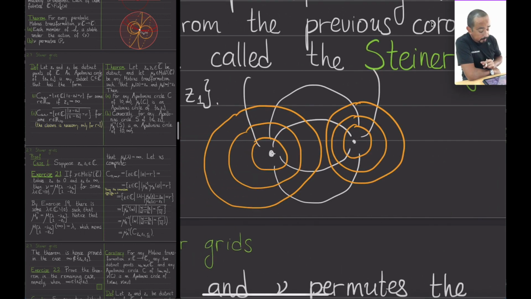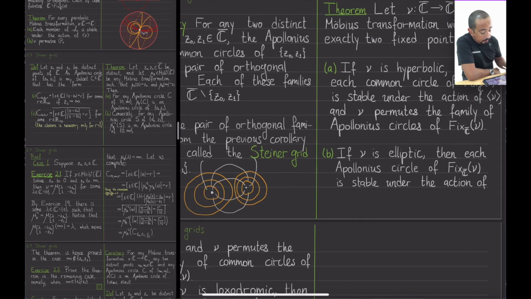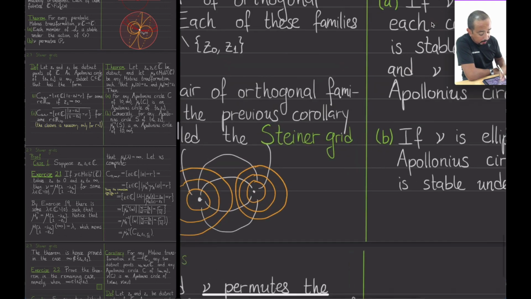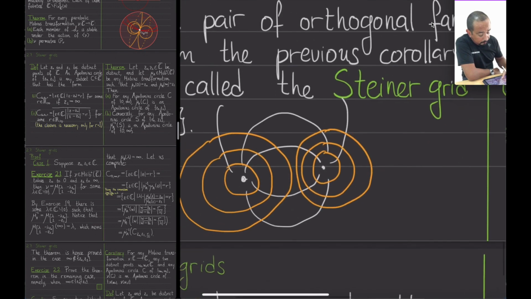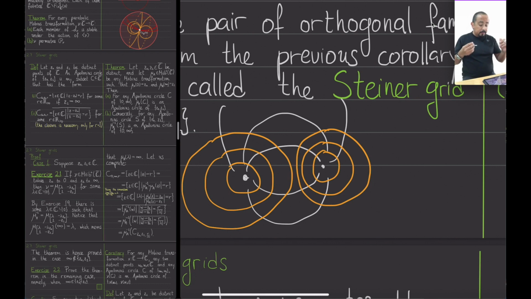So in this picture, if nu is hyperbolic, then we see each common circle is stable. Just like what happens with zero and infinity, either everything gets away from zero or everything gets away from infinity and close to zero. Under my Möbius transformation, the flow would look somehow like this, right?